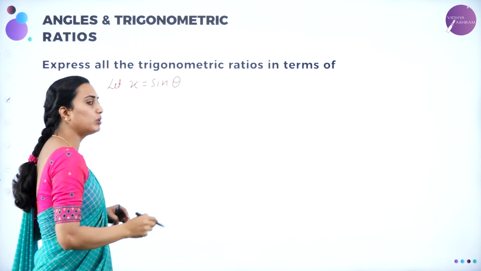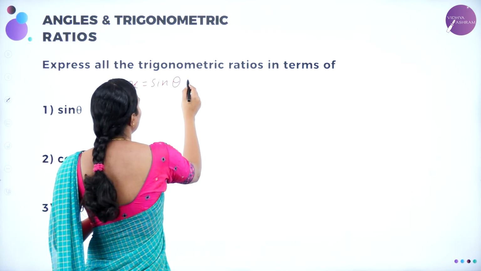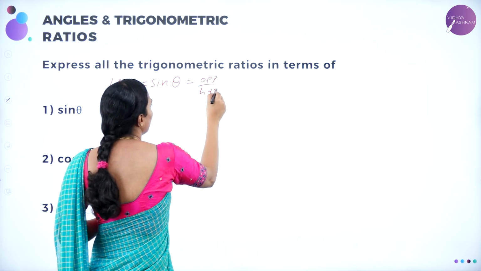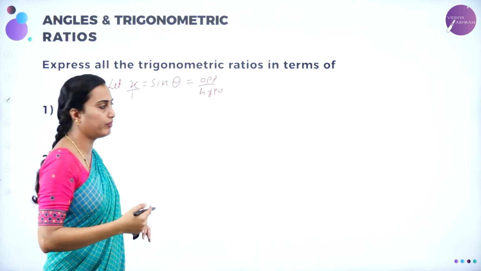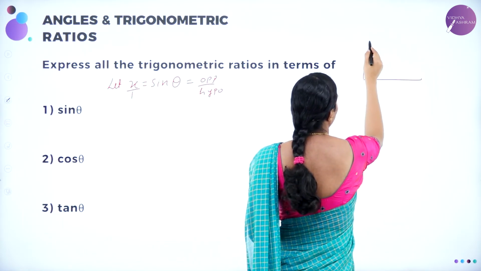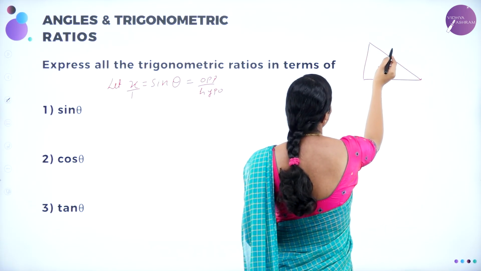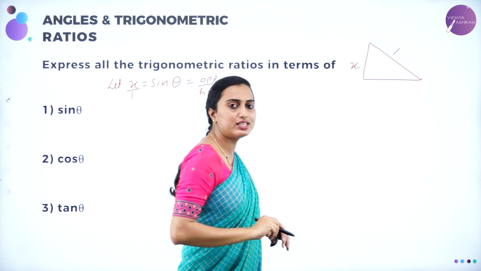If x is equal to sine theta, sine theta is nothing but opposite divided by hypotenuse. Opposite is x, and the hypotenuse is the denominator 1 you are having. So, in the right angle triangle, hypotenuse is 1 and opposite is x. How to find the adjacent side?